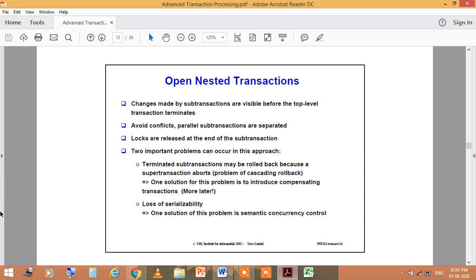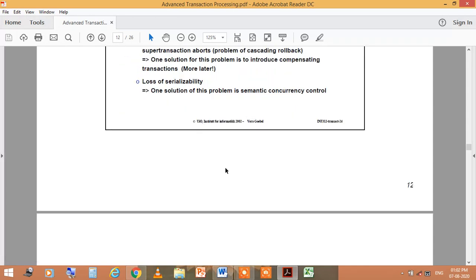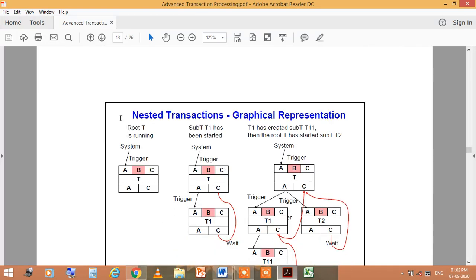One solution of this problem is to introduce compensating transactions, that is more later, okay. The next one is the loss of serializability. One solution of this problem is semantic concurrency control.